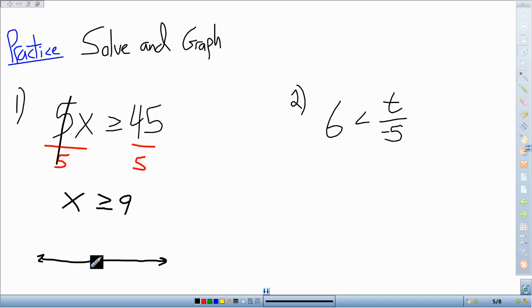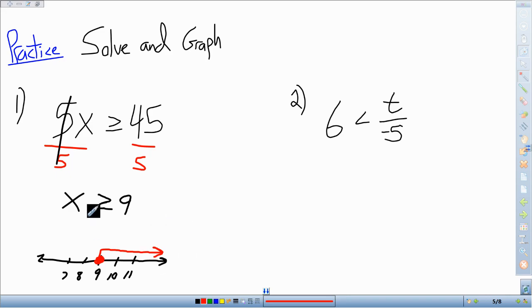All right. And yeah, the rest of this, the graphs, is hopefully becoming second nature. We got a 9, 10, 11, 9, 8, 7. Equal to symbol means closed dots. Greater than means it's going to the right. And I just want to make a little reminder.